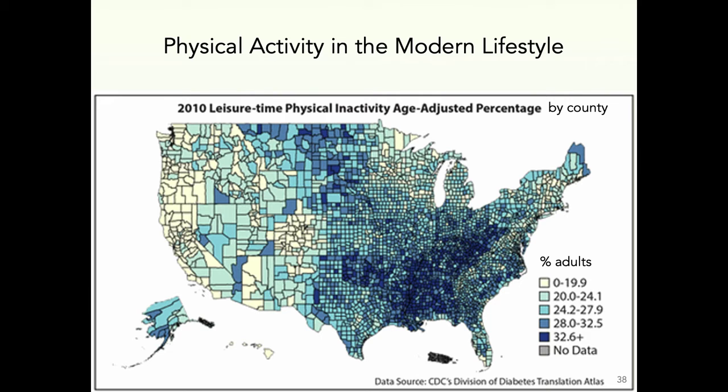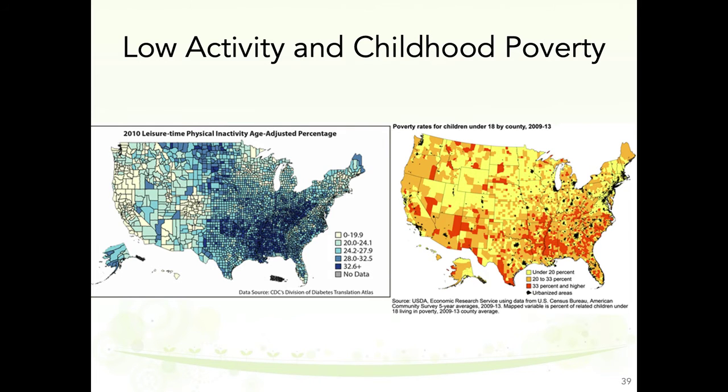It obscures contextual and social factors that might be quite important. One of the suggestions I might give you here, and notice that this data is correlational, just cross-sectional data, is that poverty rates for children are associated with leisure time inactivity. This is a bit loose, but bear with me. If you look at these two graphs, it seems like the hot spots in both graphs have some overlap.